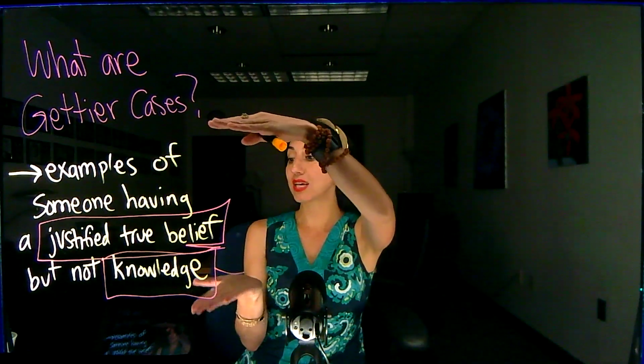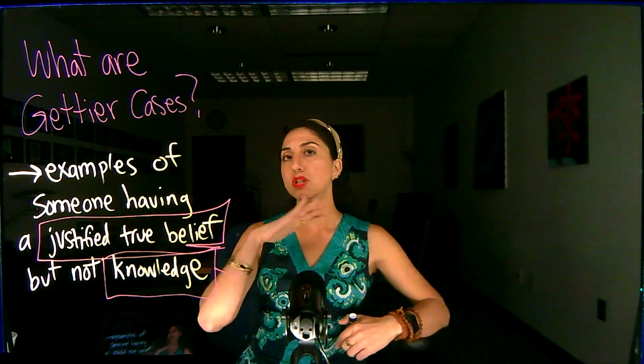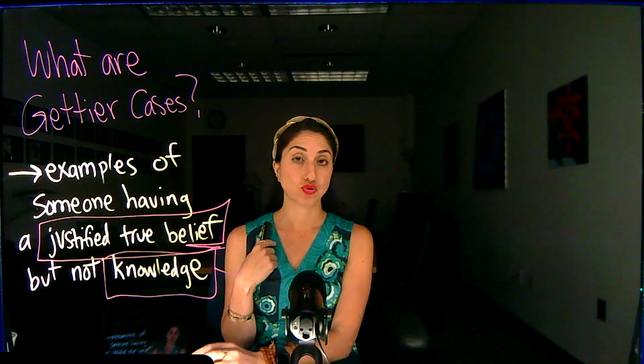And that's what a Gettier case is. A Gettier case is an example of someone who doesn't have knowledge, even though they have justified true belief.